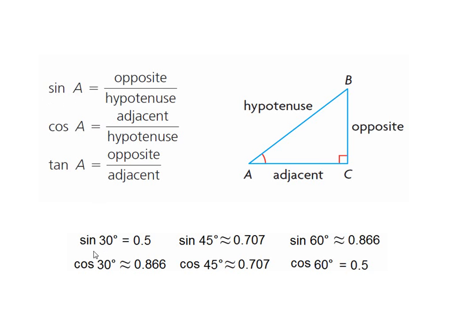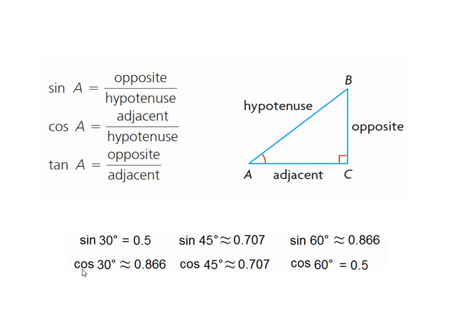So for example, sine 30 degrees is equal to 0.5. Sine 45 degrees is equal to 0.707. And sine 60 degrees is equal to 0.866.